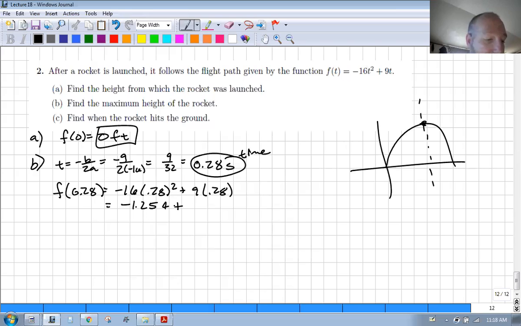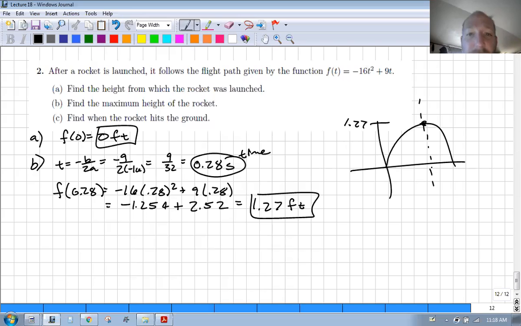Now 9 times 0.28, 2.52. So we're looking at 1.27 feet. 1.27, and this was at 0.28.